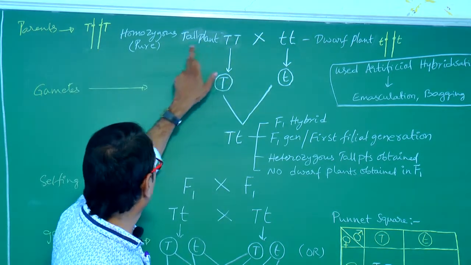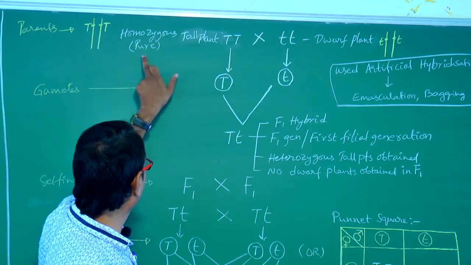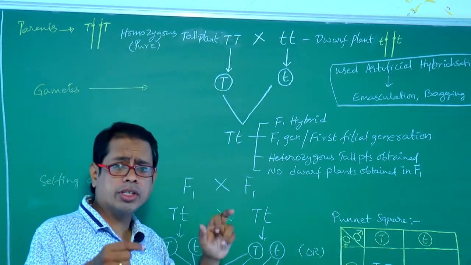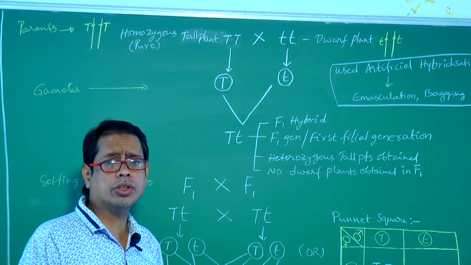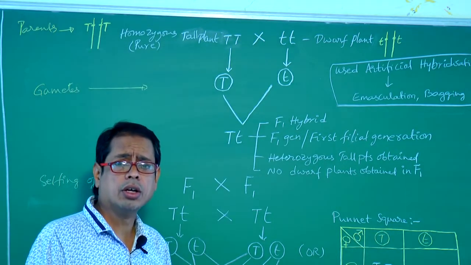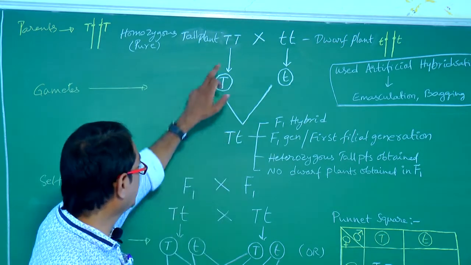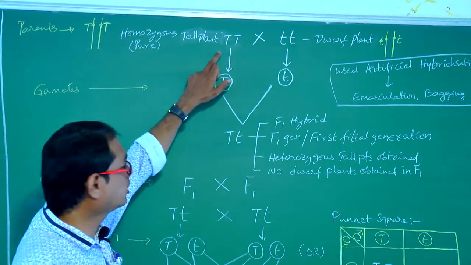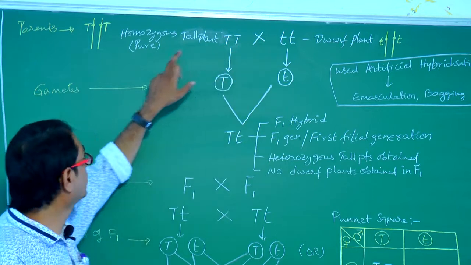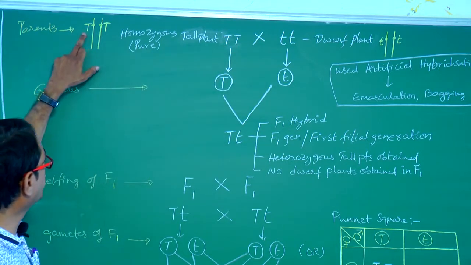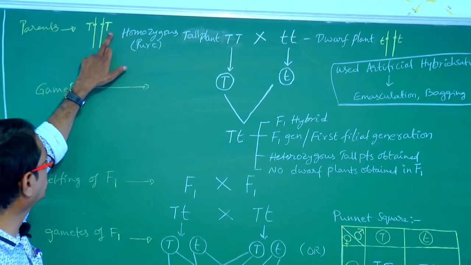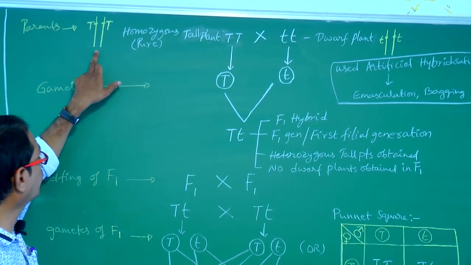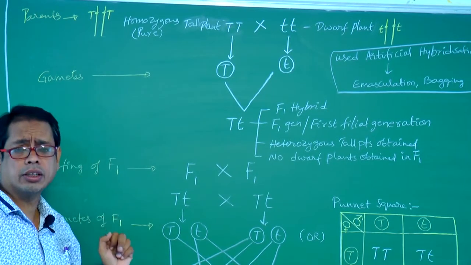See, this homozygous tall plant is also called a pure tall plant. That is capital T, capital T. In the diagram, capital T is present on one chromosome and another capital T is on the other chromosome of the homologous pair.